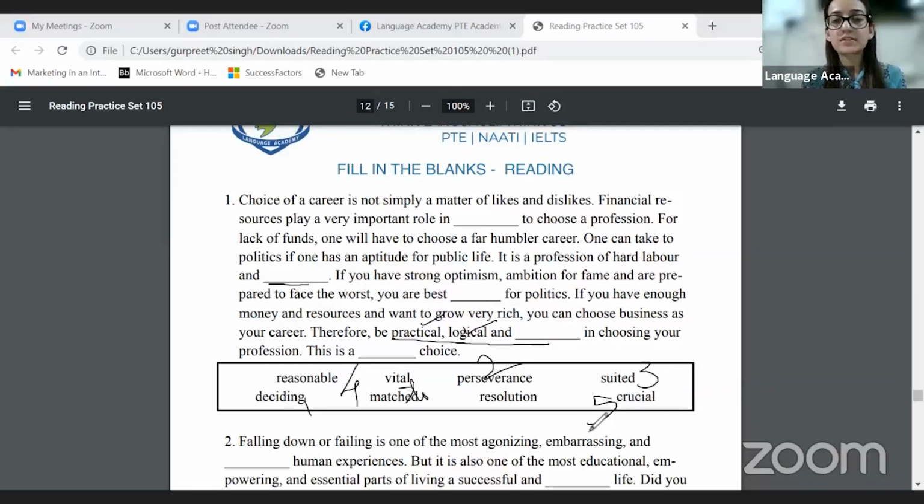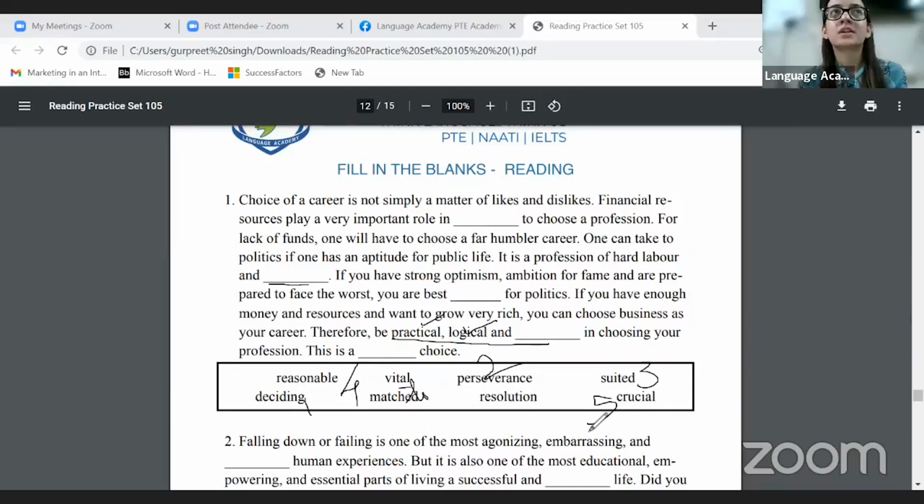The first one is deciding, which I don't think we had a doubt. The second one, we needed a quality, which is perseverance, means we have to keep calm, we have to keep going attitude. The third one, suited for, matched to. So we have four, that's why we go with suited for. And the fourth one, again, we need a quality. We have to be practical, logical, and reasonable.